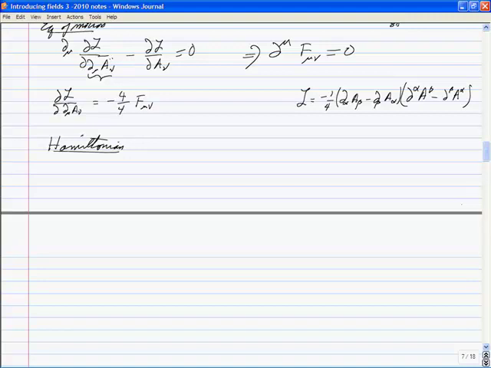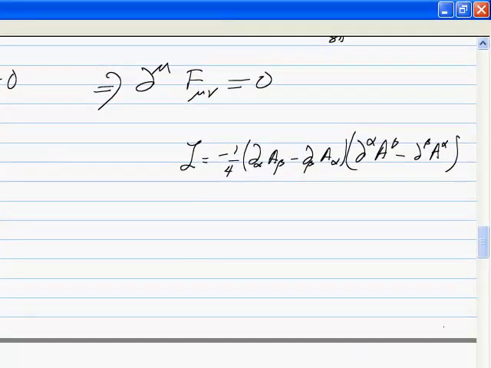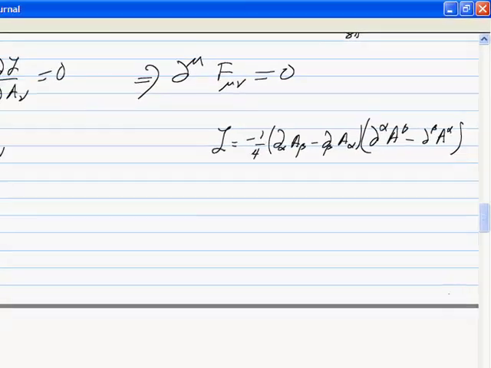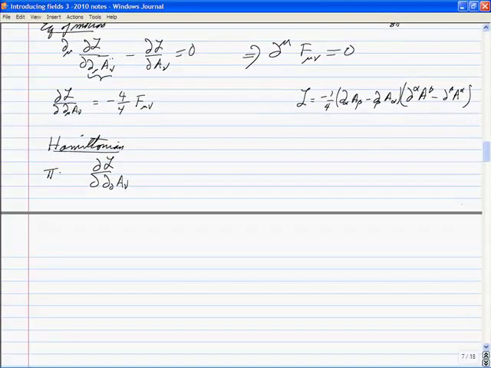There's a little wrinkle here too. Remember, we're instructed to take the variation of the Lagrangian with respect to d0 of your field. Now I've got 4 fields. Previously we had 5 there. Now we've got A's, and A could be any of them. So there's actually 4 of them here.